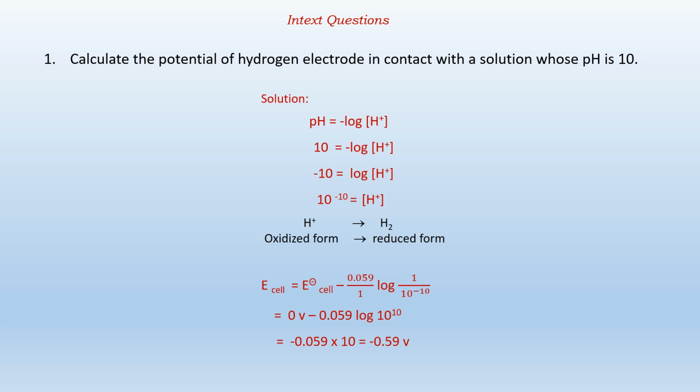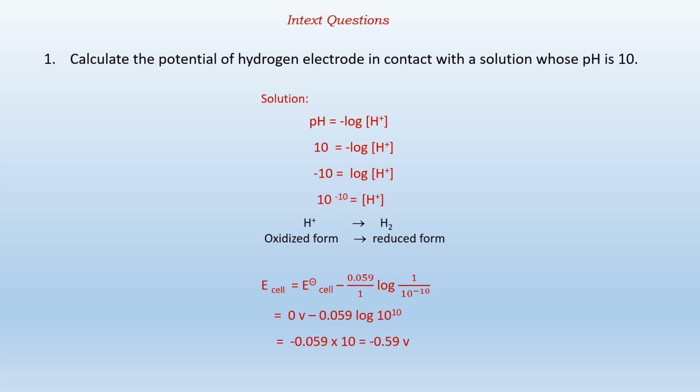They are asking the potential of the hydrogen electrode. The potential can be calculated through the Nernst equation. E cell is equal to E naught cell minus 0.059 divided by n. n here is 1. Log of 1 divided by hydrogen ion concentration. Substitute the hydrogen ion concentration, 10 power minus 10. Since the standard cell potential is 0 for hydrogen, you substitute 0 for E naught cell.